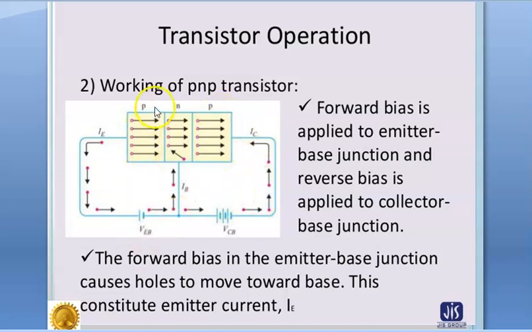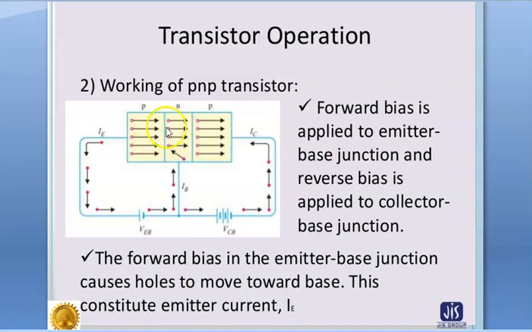In the P region, holes are the majority in number, so the positive pole of the battery repels these holes towards the base. These holes cross the junction, due to which we get the emitter current.